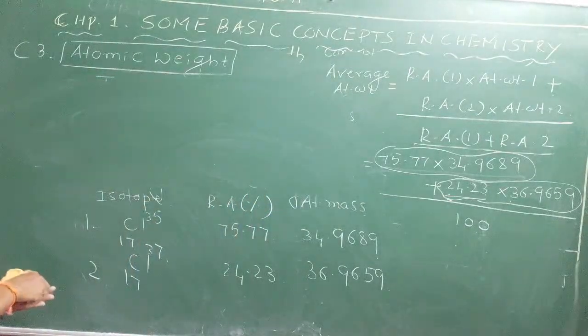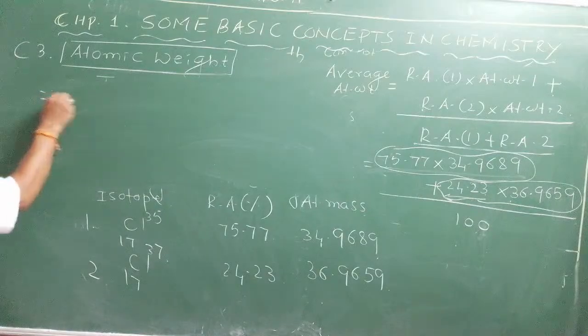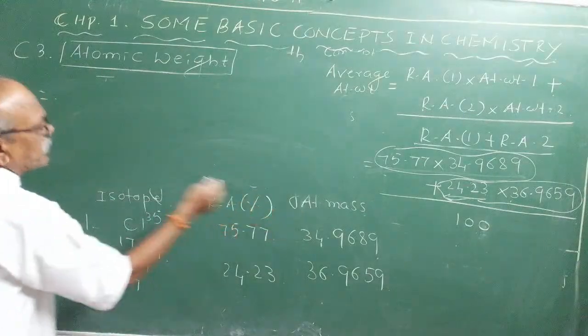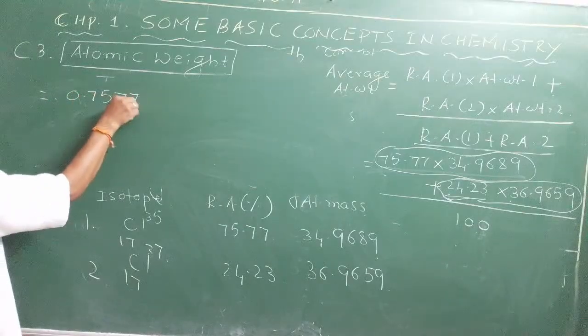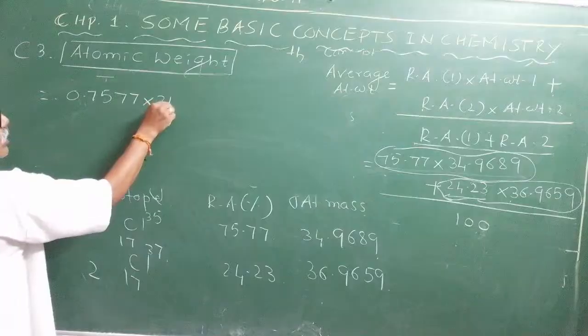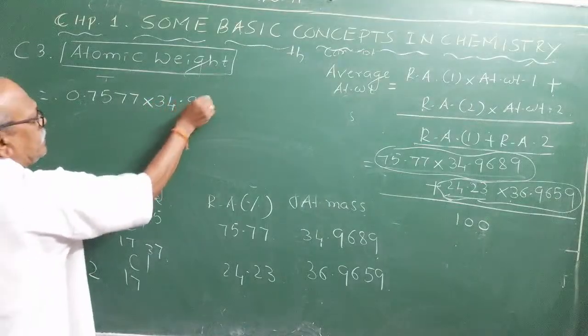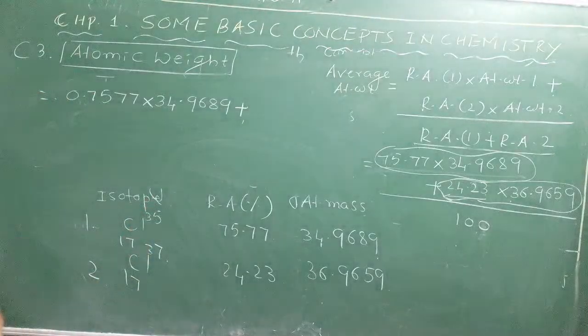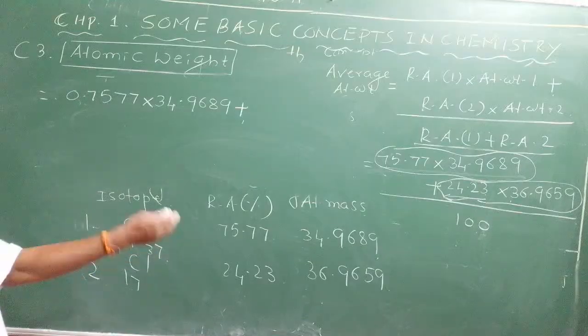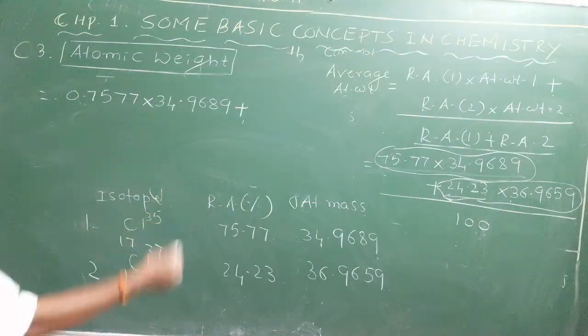Calculate now. You can see that 75.77 upon 100 becomes 0.7577 into 34.9689 plus. I hope you are getting me. Yes, calculate. Just take a calculator and finish it.